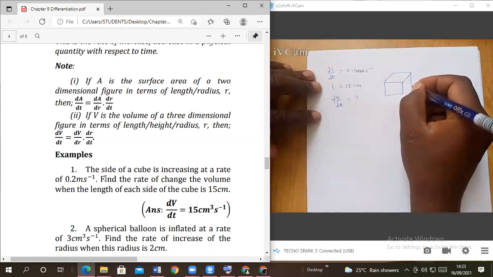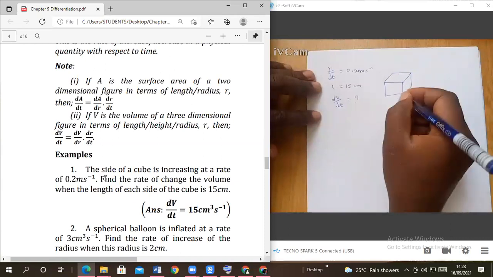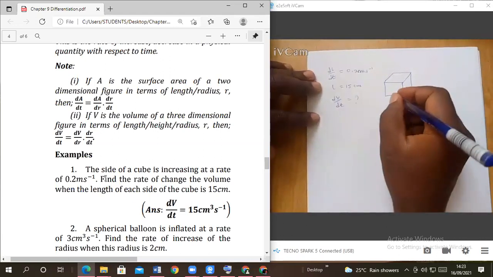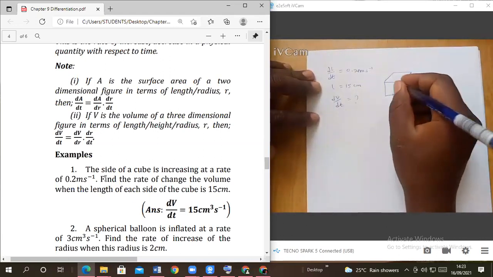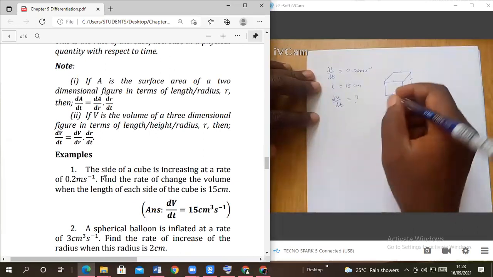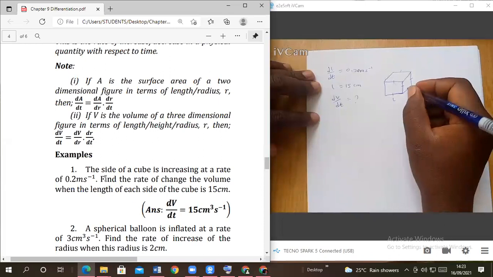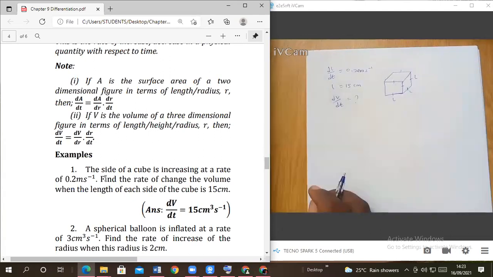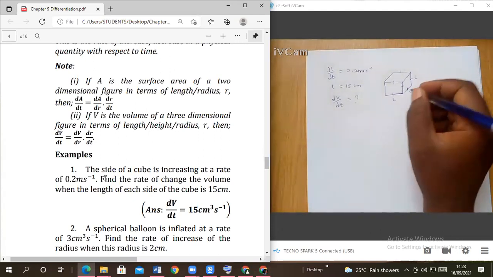A cube is a three-dimensional figure whose sides are all equal. Meaning, if this is L, then this width is also L, and then this height is also L. Those are the properties of a cube.